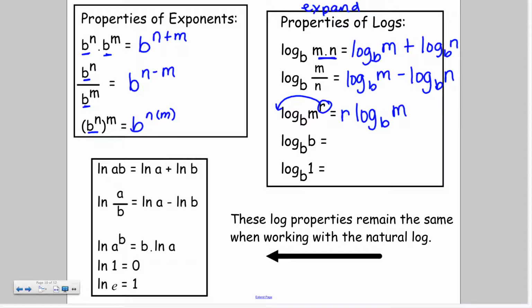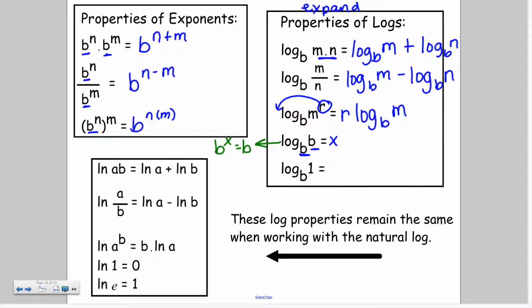Now, if you can recall, whenever we go left, right, left, pretend this is an x right here. So if I write this out, and I have b to the x is equal to b, see if you can remember back. What power does something have to be raised to for it to be itself?